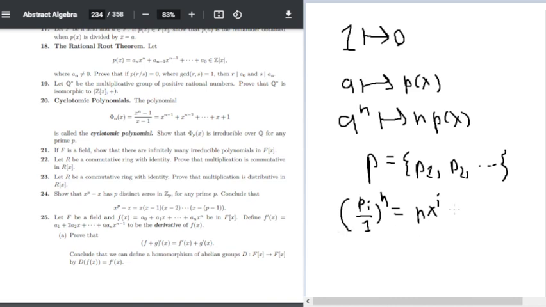And likewise, note that this implies that 1 over Pi to the n is negative n x to the i. Oh, I think what this fundamentally is a restatement of unique prime factorization.